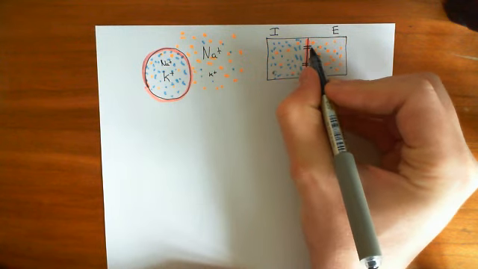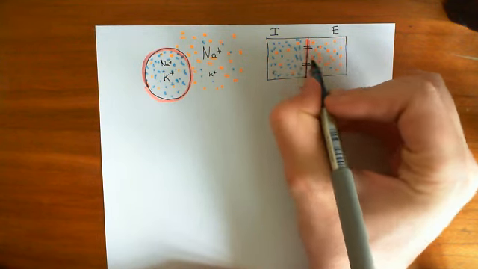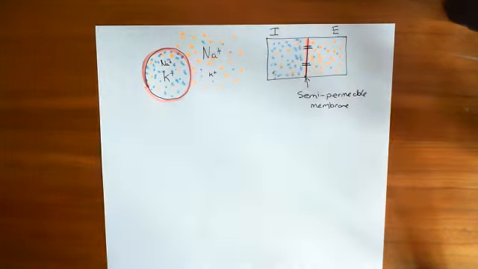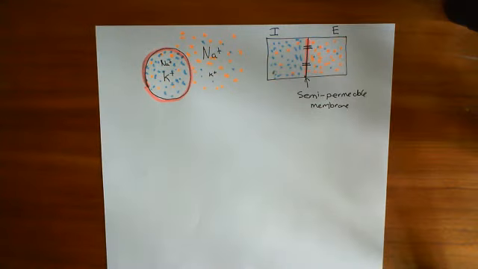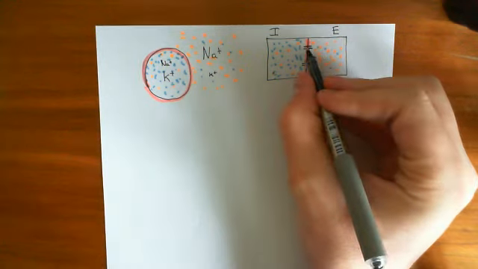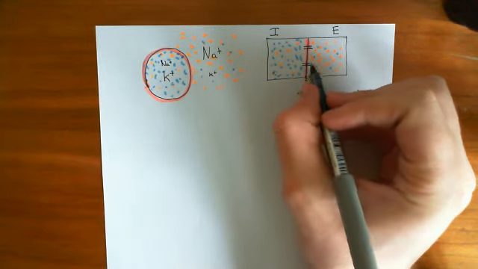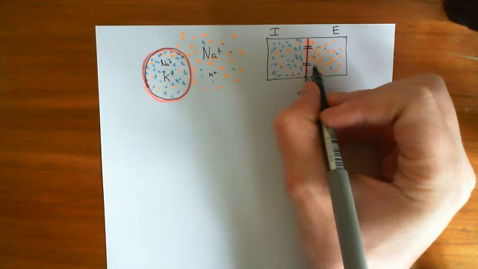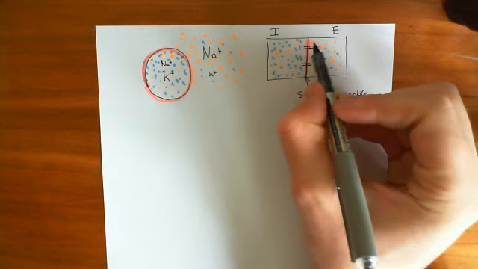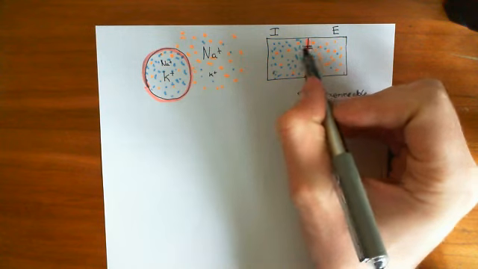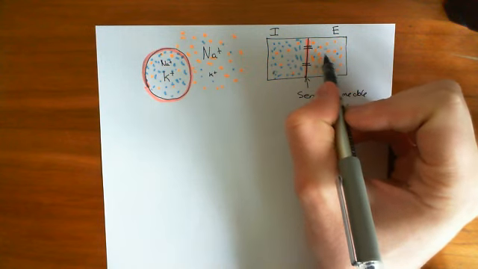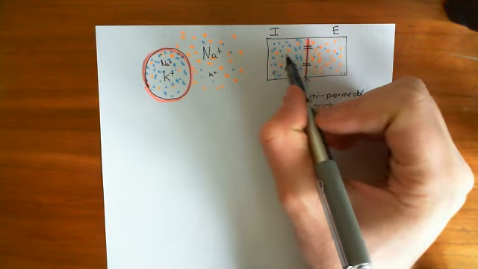You have sodium channels through which sodium can move, and potassium channels through which potassium can move. And basically, if a sodium ion hits a sodium channel, it is less likely to actually go through that sodium channel than if a potassium ion hits a potassium channel. Basically, the membrane is more permeable to potassium. It's easier for potassium to cross this membrane than it is for sodium to cross this membrane.